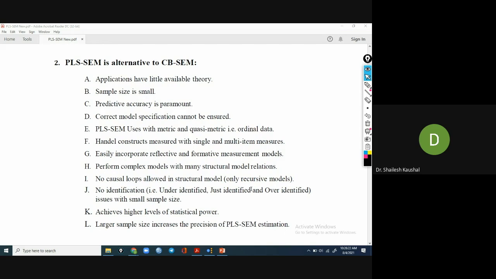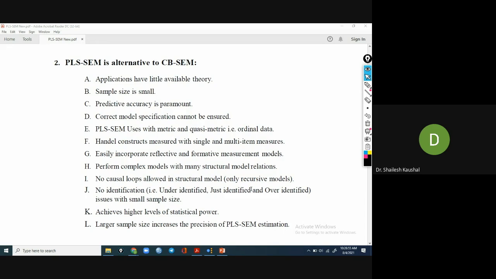We have very little literature available to perform structural equation modeling. If we have little theory or less literature review available regarding the particular theory, then it is useful to perform PLS SEM. When we apply the same thing there, we do not get good results in CBSEM or in AMOS. So the first advantage: applications with little available theory.